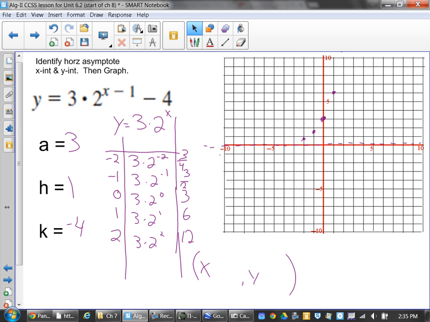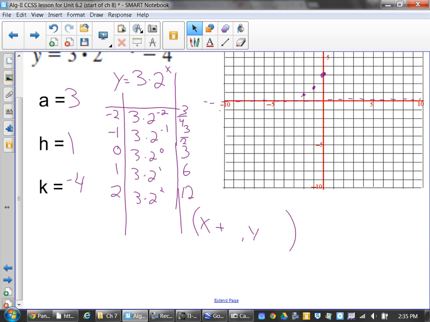So my shift would be whatever the x value is plus 1, and the y value would be minus 4. You okay with that? So this is what your shifted ordered pairs would look like. I know that some of you like to rewrite your ordered pairs out. By all means, get in the habit of doing that. There's nothing wrong with that.